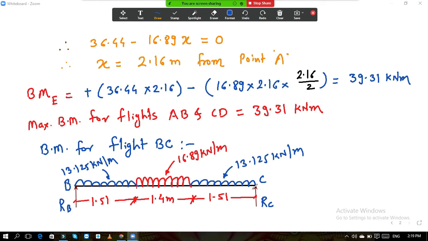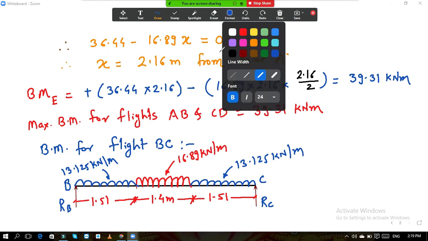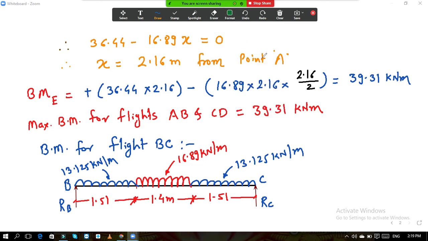For flight BC, it is symmetric. On both the sides landing is there, at the center this load is there. So the maximum bending moment will be at the center somewhere here. Let us say that this is point F. At point F, its maximum bending moment is there because the beam is symmetric.